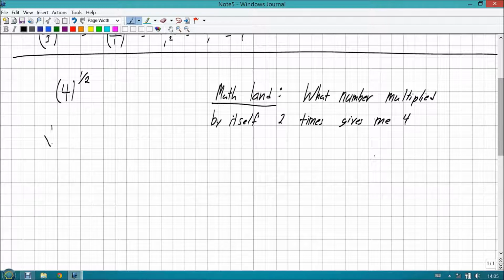We're looking at the square root of 4. What number multiplied by itself that many times, in this case 2, gives me my base? Well, that would be 2, because 2 times 2 is equal to 4, so the square root of 4 is equal to 2.